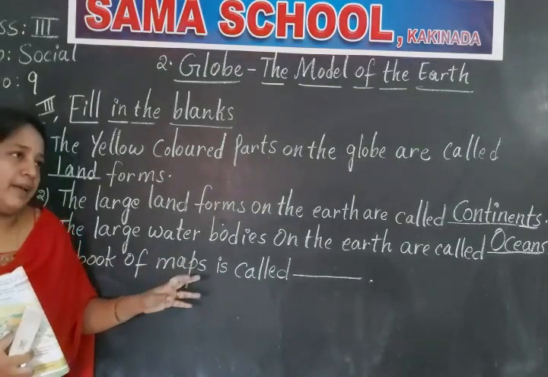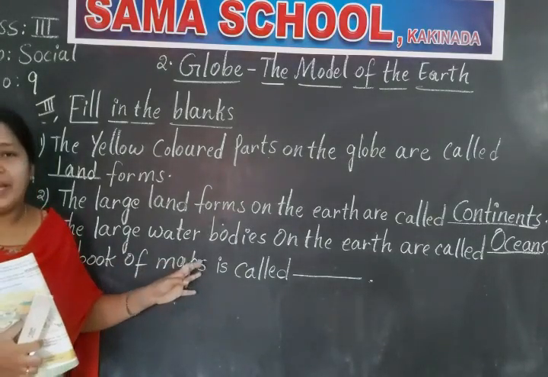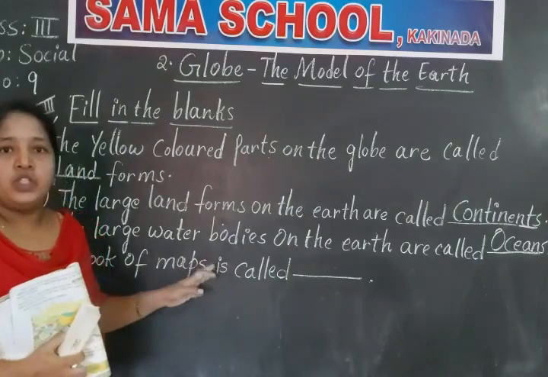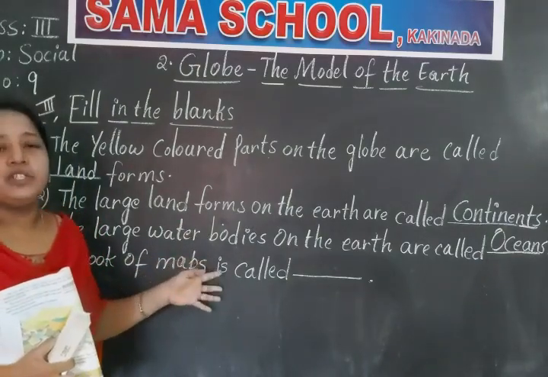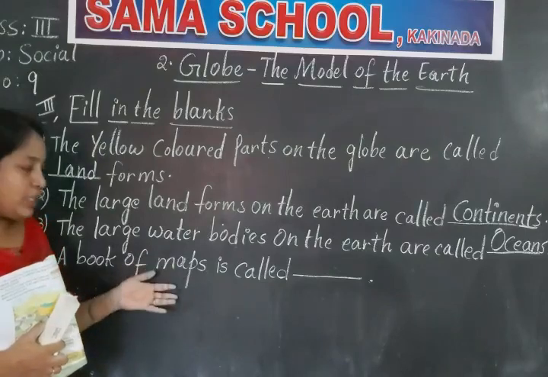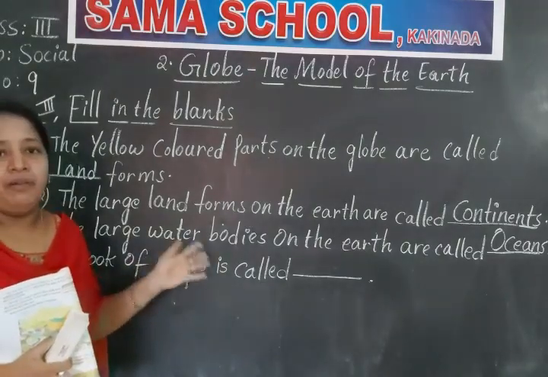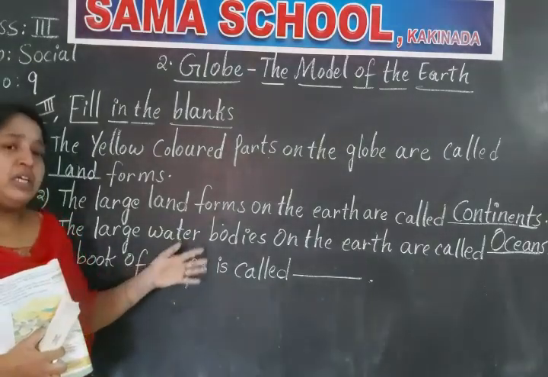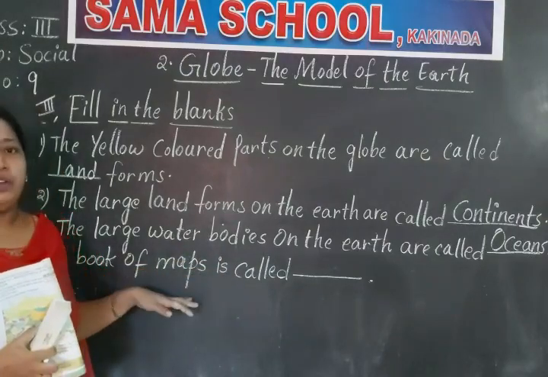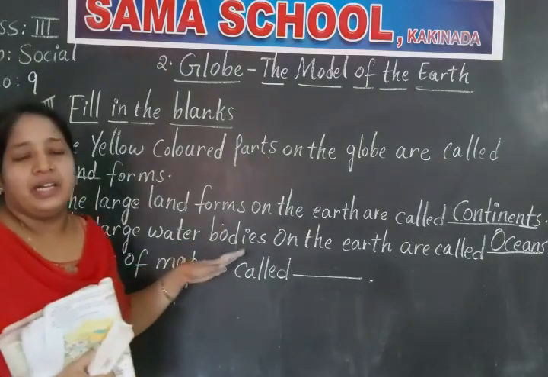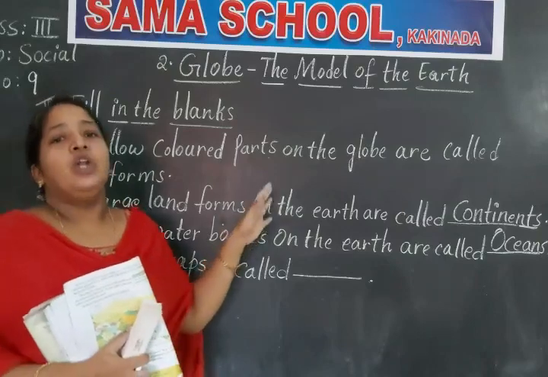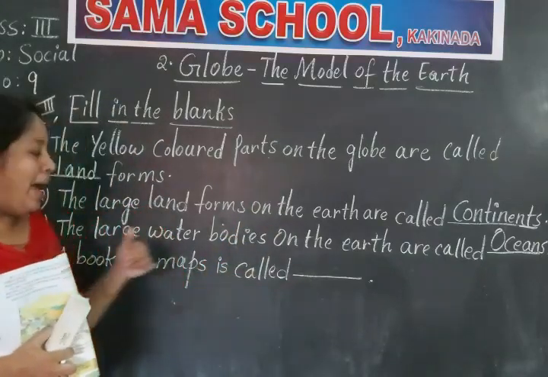On the globe we cannot find the places very clearly, and a globe is very difficult to carry from place to place. That's why we use a map. And what is a map? It is a drawing of the earth or any part of it. On the map we can clearly locate all the places.